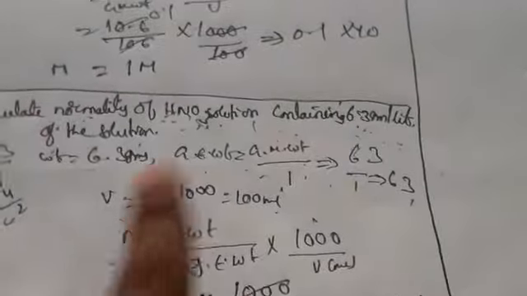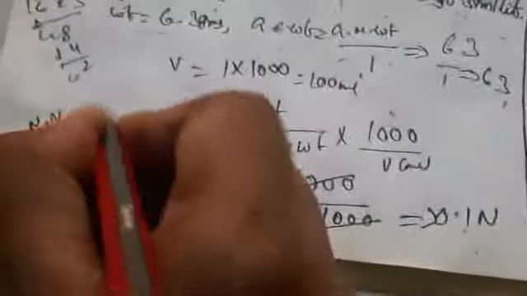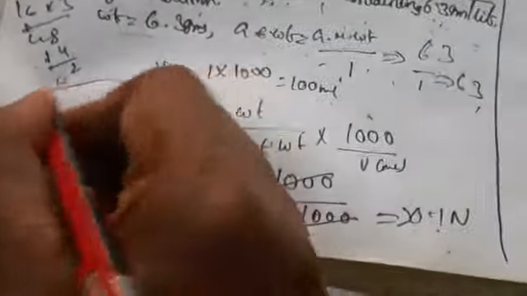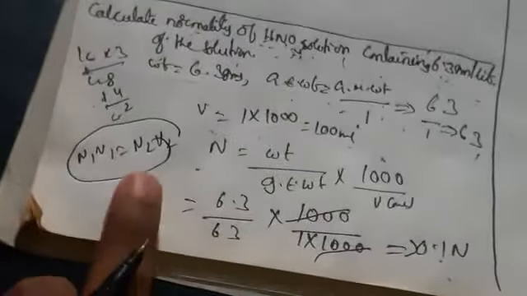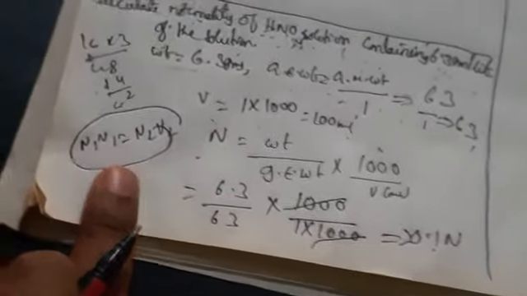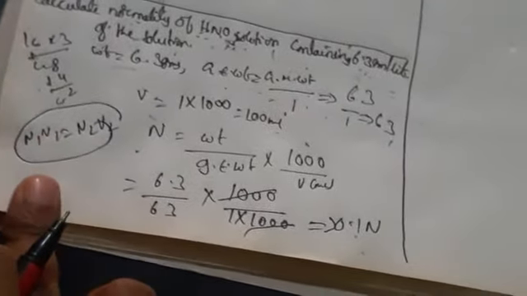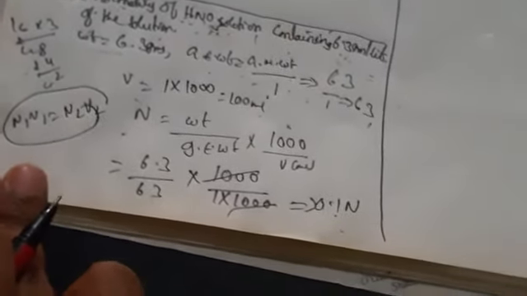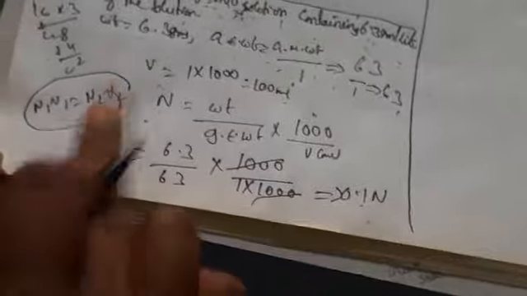If, see here, calculate the normality of an HNO3 solution containing, so this is the formula of the normality. Normality has one more formula, that is N1V1 equals N2V2. Generally we use this formula for titrations. Okay, we can calculate normality like this also, if they are giving two solutions of volume and two solutions of normality.